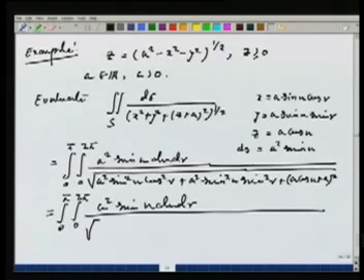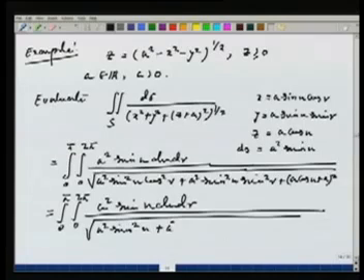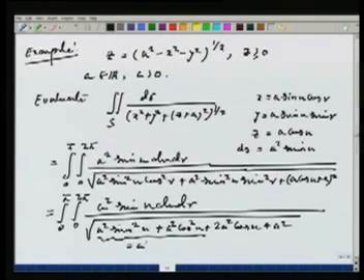Now I concentrate on the denominator. If I add the first two terms, I get a square sine square u. Then from the third term, I get another a square cosine square u plus twice a square cosine u plus a square. Adding the first two terms again, I get a square.